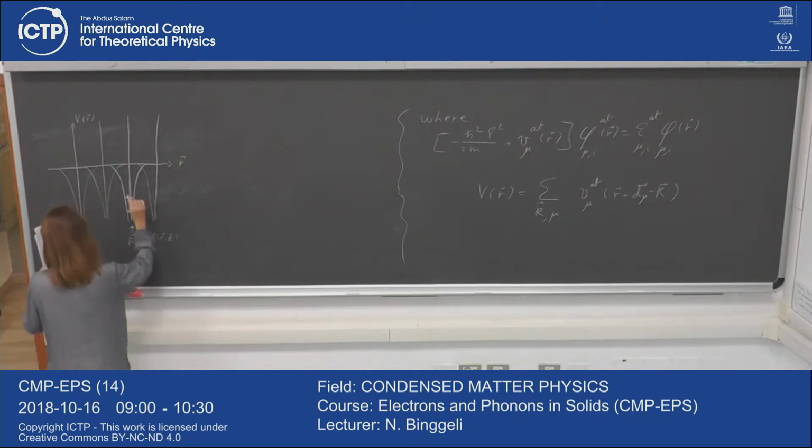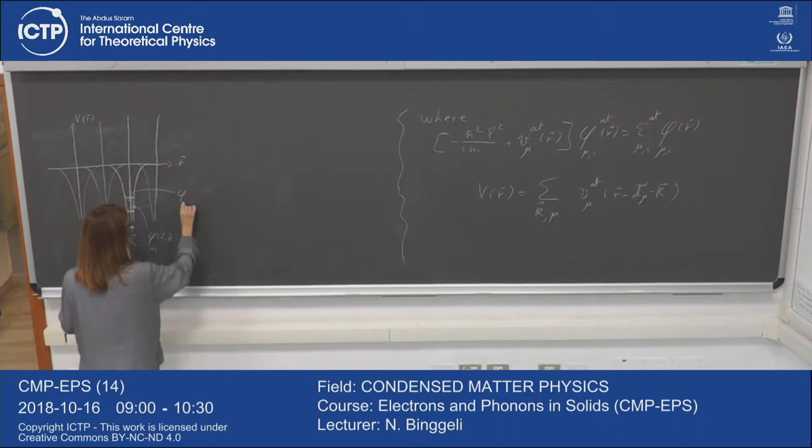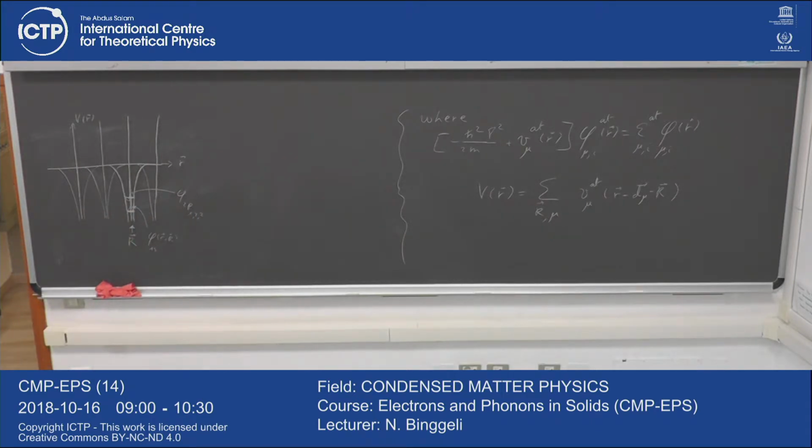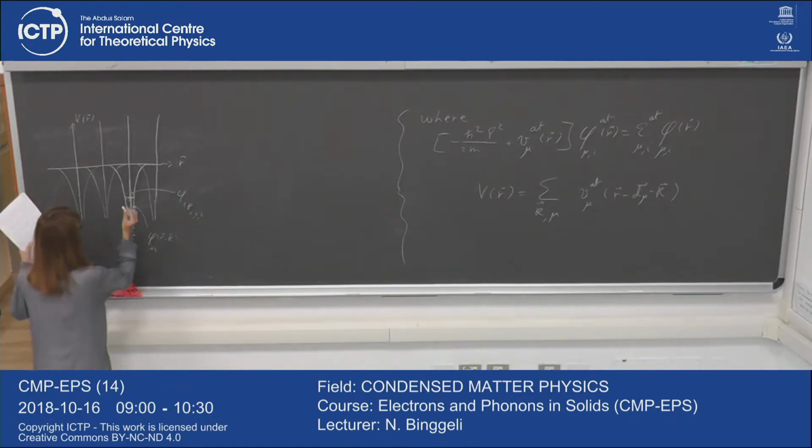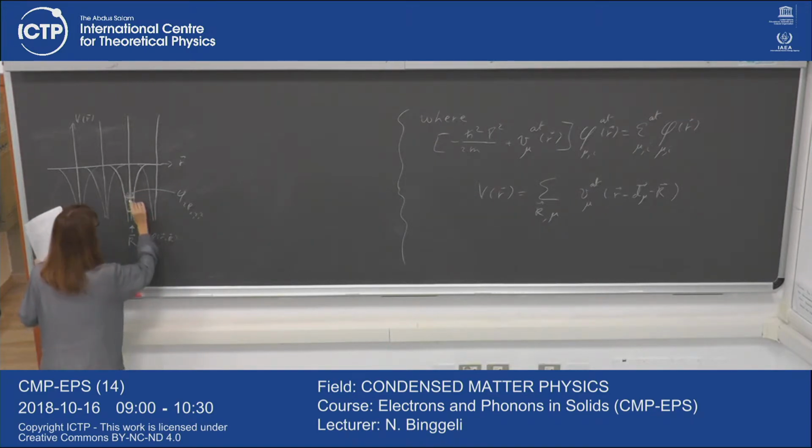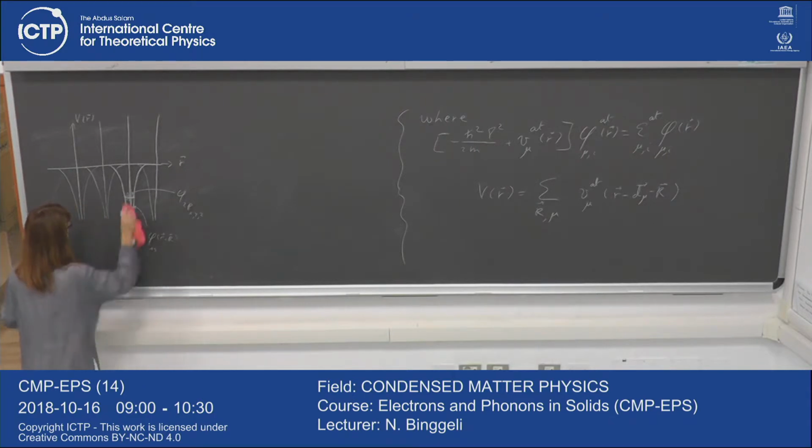So I will have some p states. So phi 2p, and I have the x, y, z. So 2px, 2py, and 2pz as eigenstates in the atom. And I will have also some s state that will have a node.